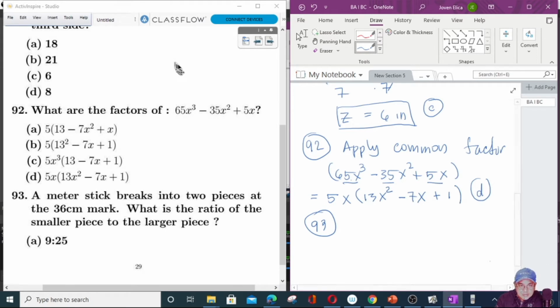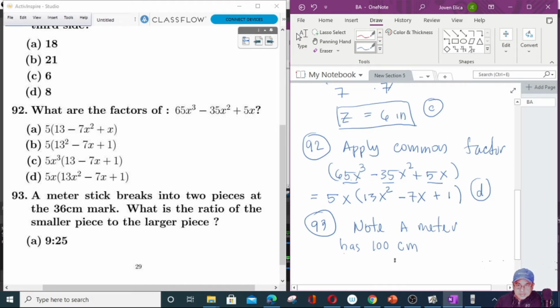So note that a meter stick has 100 centimeter length.